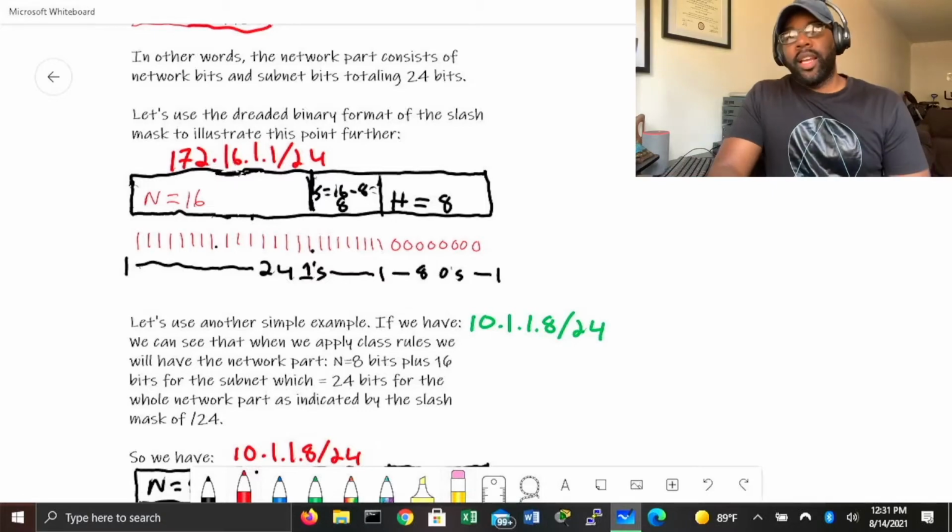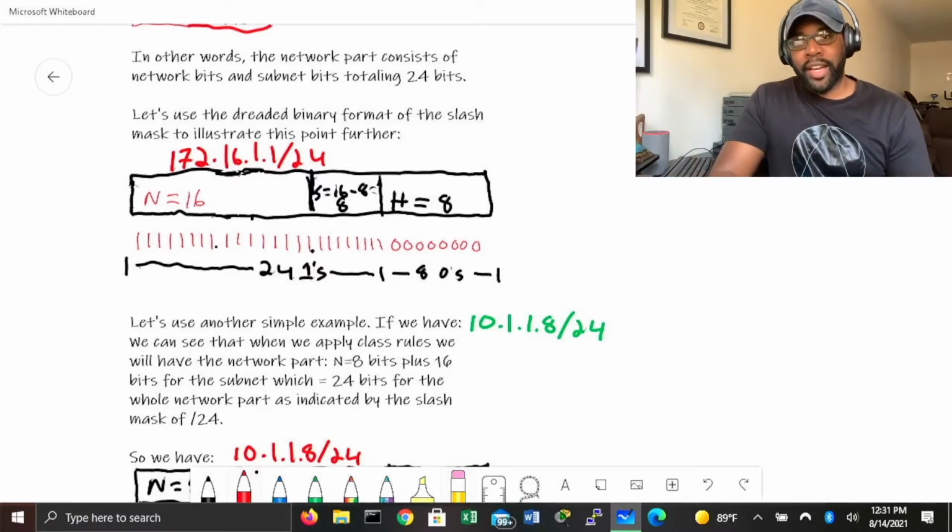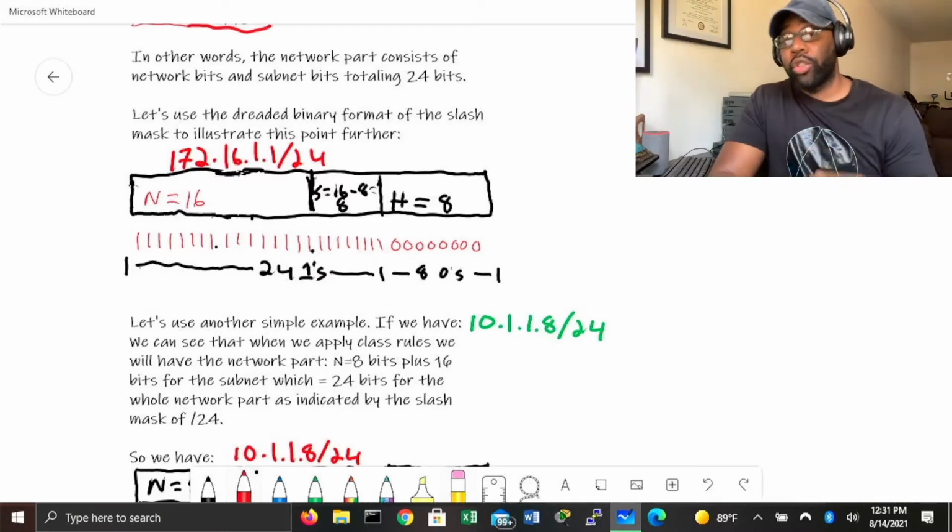We're going to have to get real good at using our base 2 exponents and a host of other addition, subtraction, and a little multiplication, right? So let's use our dreaded binary format to illustrate how important bits are when it comes to dividing this IP address up into 3 important parts.